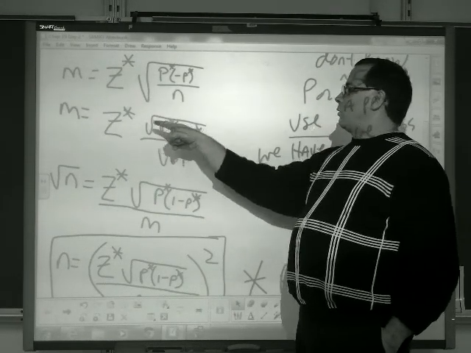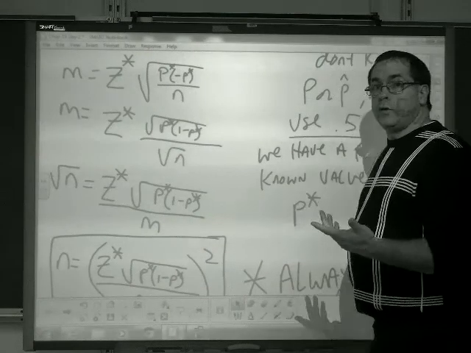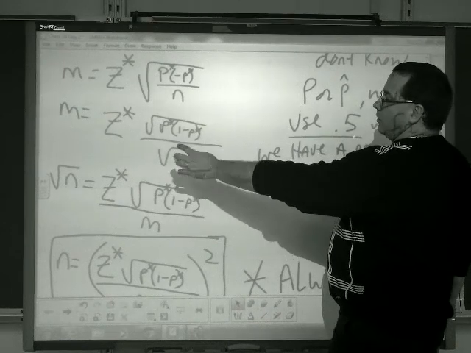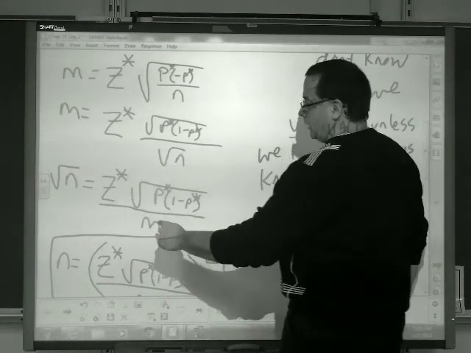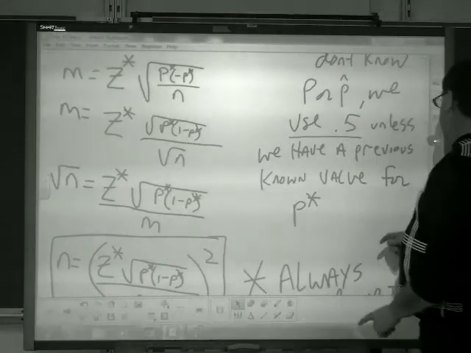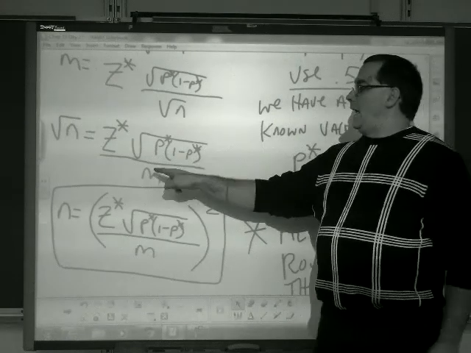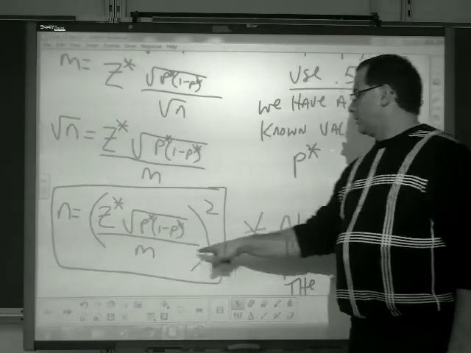We know we can break a square root down into two separate square roots. We learned that in Algebra 2 Trig, or intermediate. We know that we can multiply both sides by the square root of n and divide both sides by m, and essentially those two just switch places. And to undo a square root, we are going to square both sides.